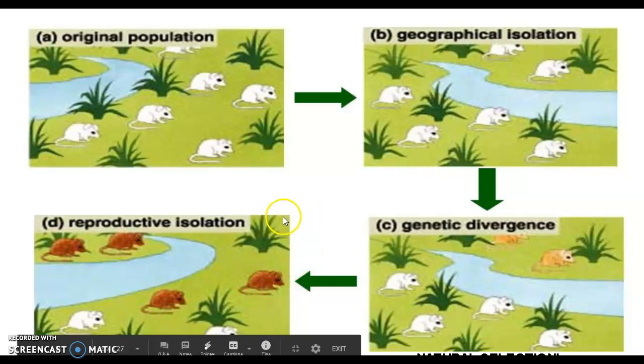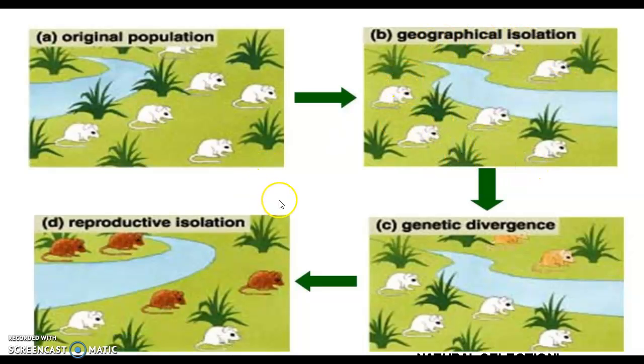I will also mention that you don't necessarily have to have geographic isolation for this. The second Edpuzzle video talks about different ways of reproductive isolation. Sometimes they can happen within the same area.